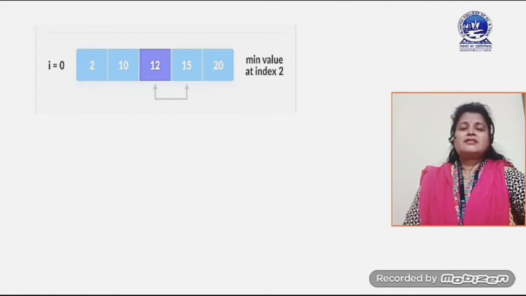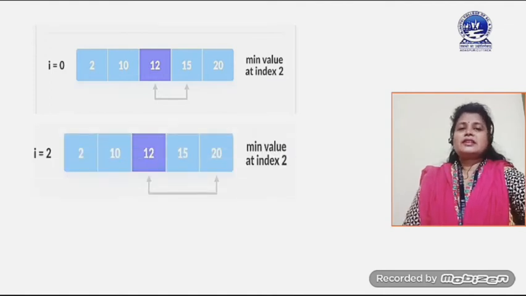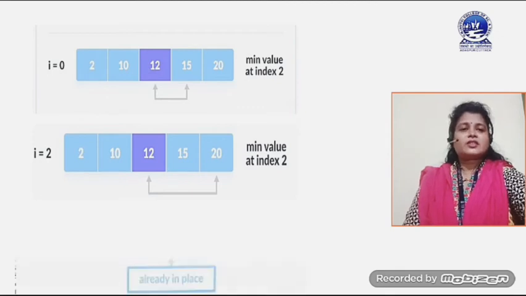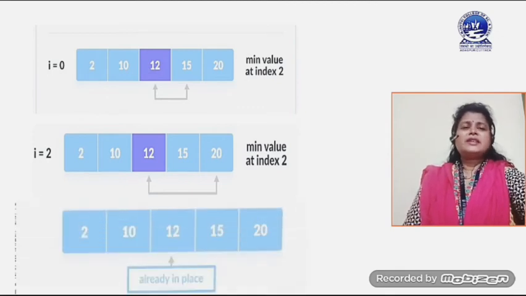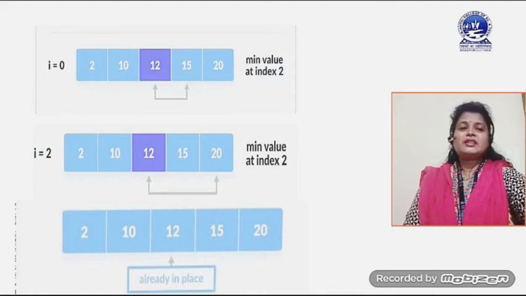Now we will check 12 with the next location, which contains 15, so it is not smaller. Now we will check with 20, it is also not smaller. It means that 12 is in its proper place, so no more swapping is required.